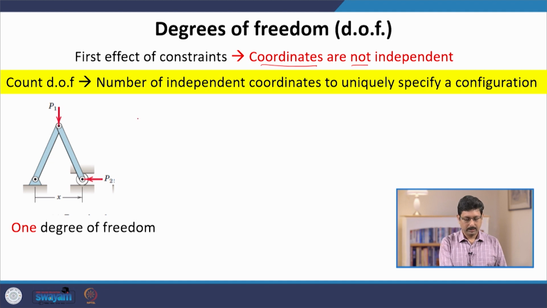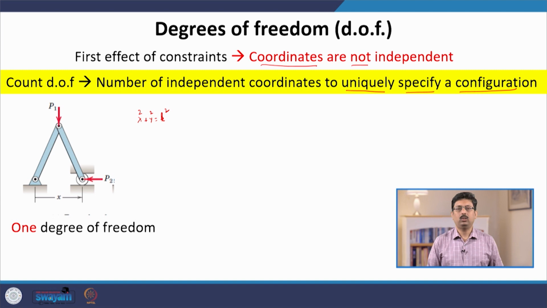For example, in a pendulum problem, you have two coordinates to describe the position of the bob, and they are related by this equation, so only one of them can be independent. So, you count the number of independent coordinates required to uniquely specify a configuration.